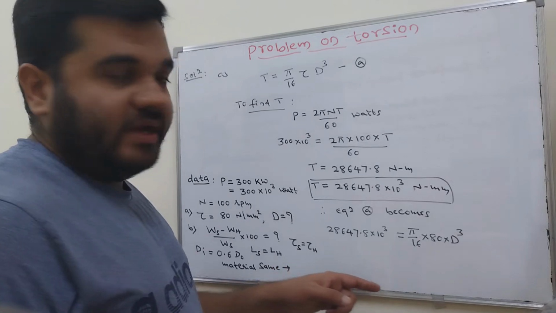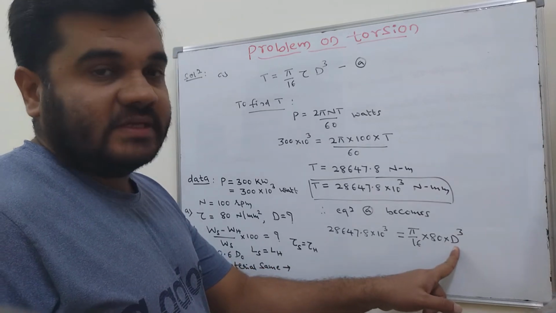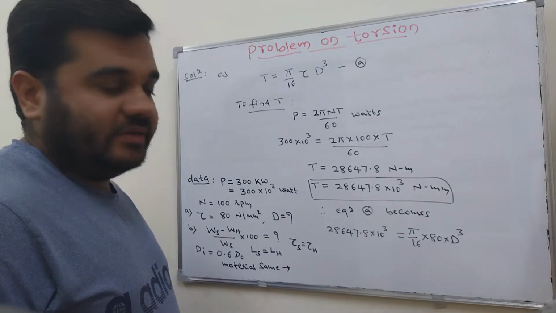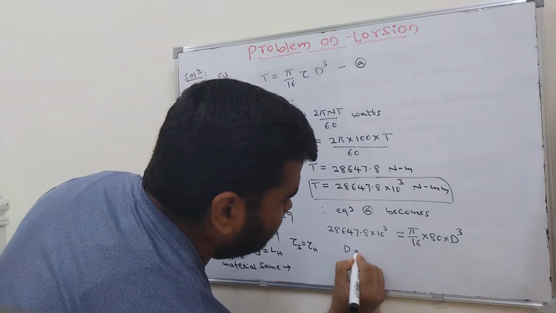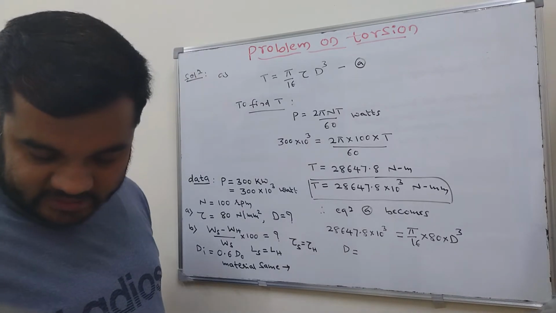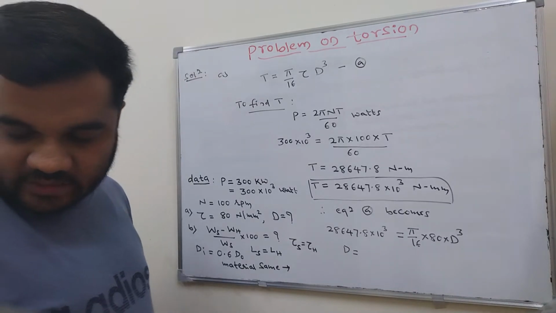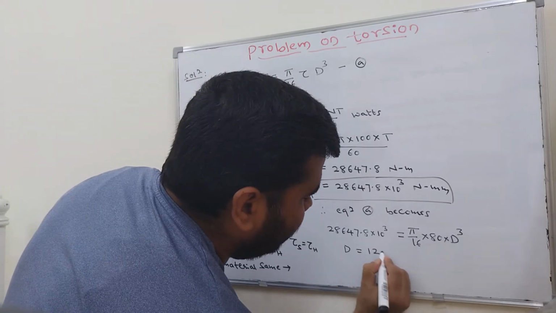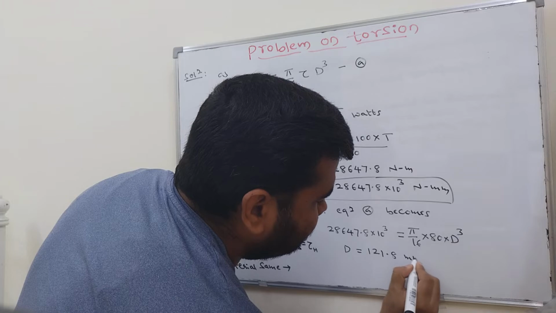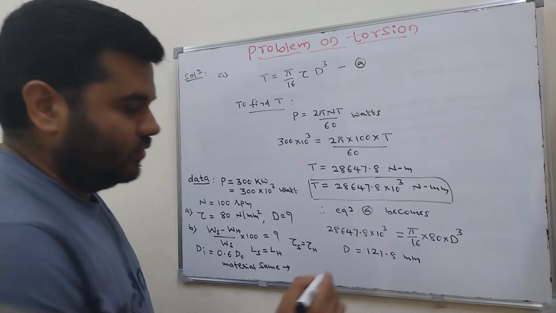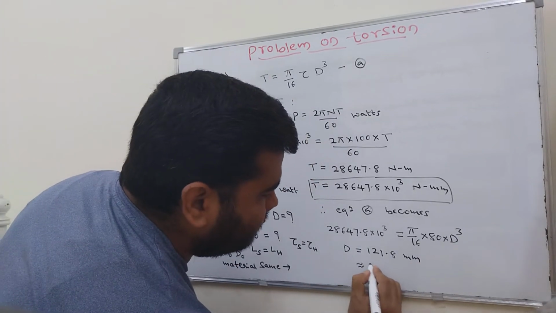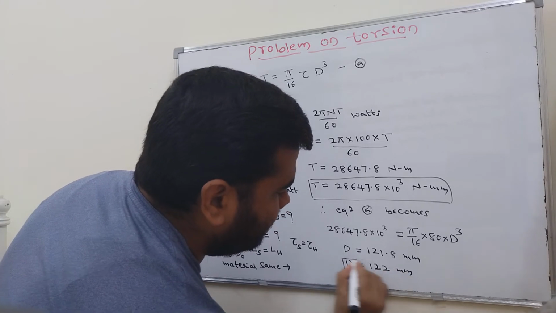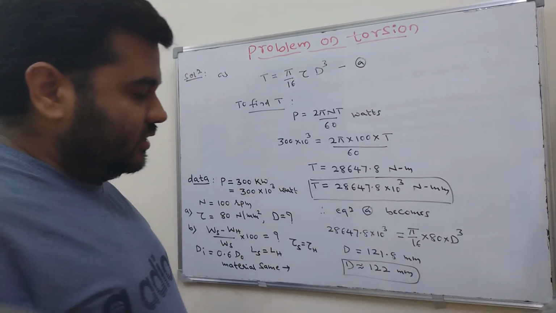In this equation there is only one unknown, the diameter of the solid shaft. So simplify and find the diameter: d is nearly equal to 121.8 millimeter. I will take it as 122 millimeter diameter.